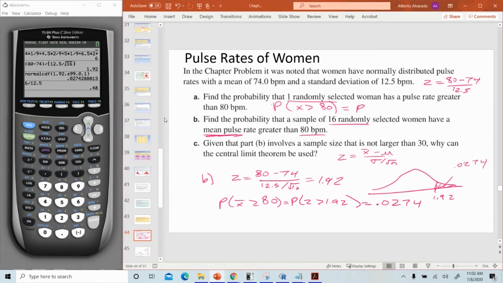So that's the probability that Z is greater than 0.48, which is normal CDF of 0.48 to infinity, giving us 0.3156. So there's a much greater chance that an individual has greater than 80 heartbeats per minute than that 16 people have an average of 80 heartbeats per minute. That's what the central limit theorem says, so really study the difference between A and B.